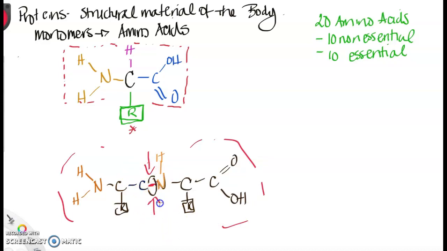And this bond, which we get through dehydration synthesis, just like everything else, is called a peptide bond. When we link two of these amino acids together, we get a dipeptide. If we link another one to it, that would be a tripeptide.